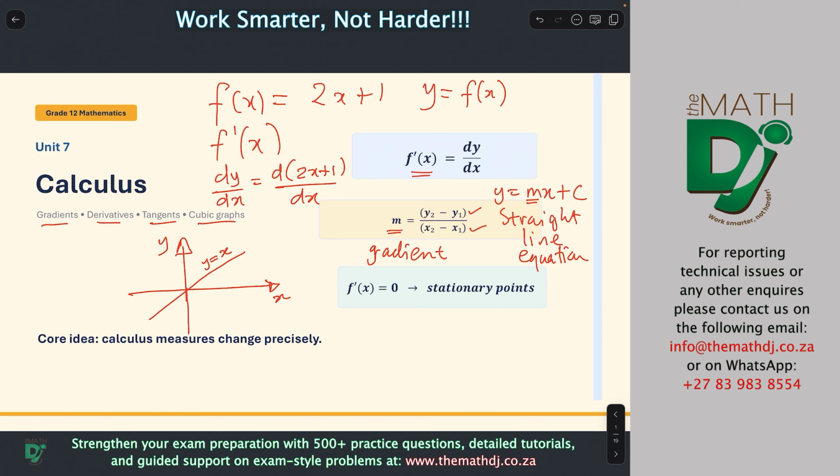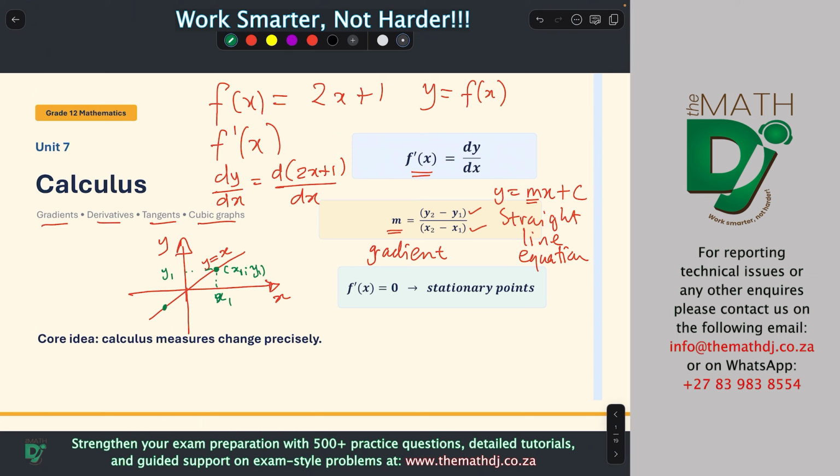It means change between 2 points. Let's say I've got 2 points. Let me use a different color so that you can see. I've got point 1 here and point 2. We can label this x1 and the corresponding one y1, so this coordinate is (x1, y1).